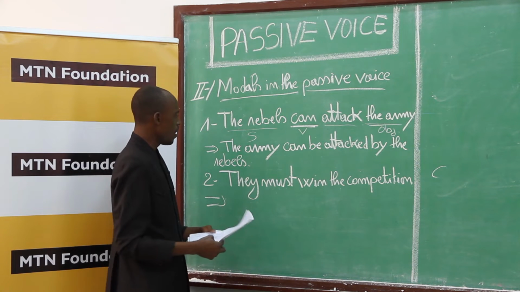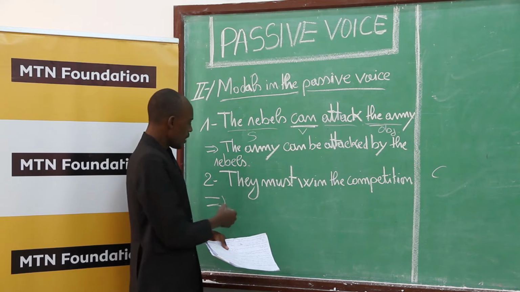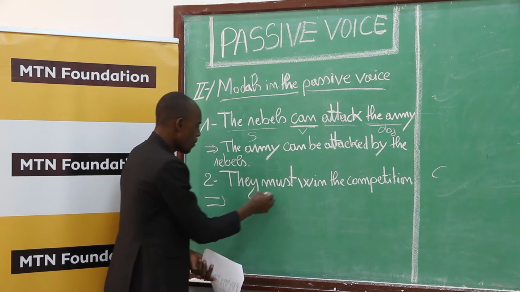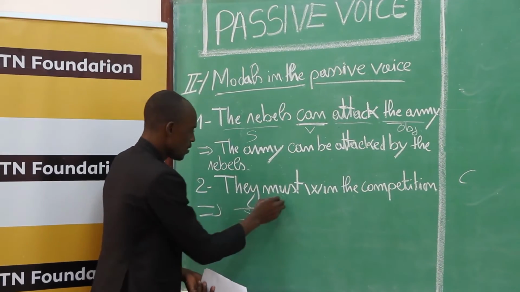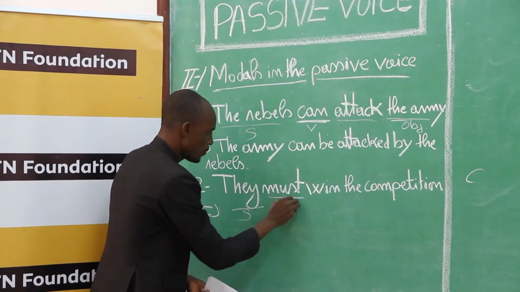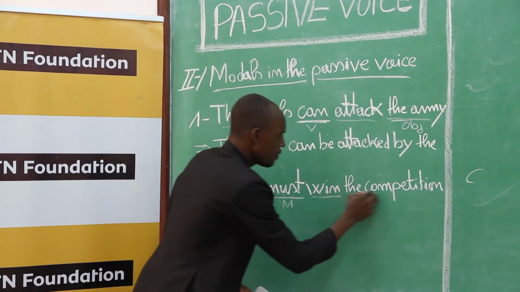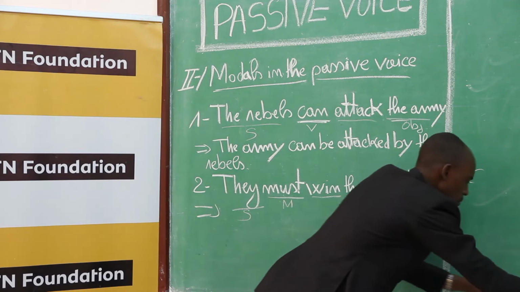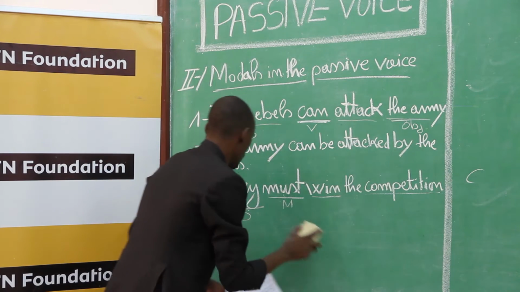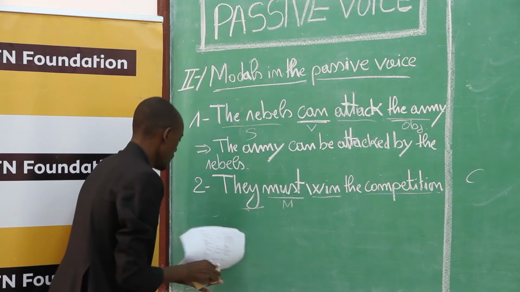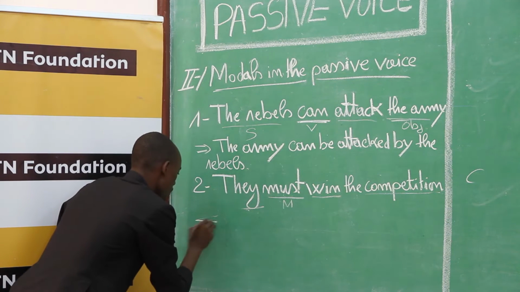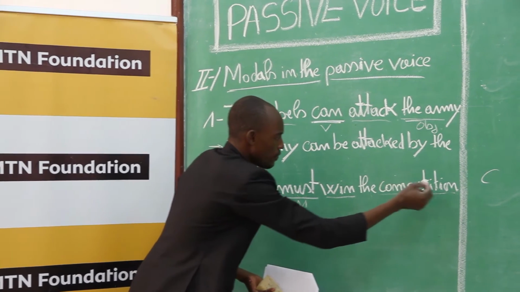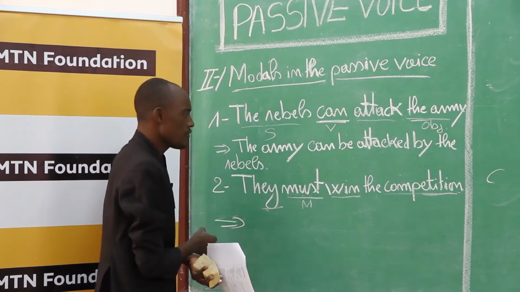This sentence is in passive voice. Now, let's take the second sentence. Here we have the subject and modal verb, another verb, and the object. In passive voice, as I told you, the object becomes the subject.